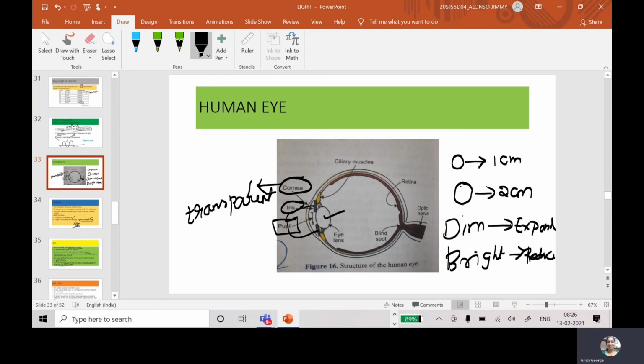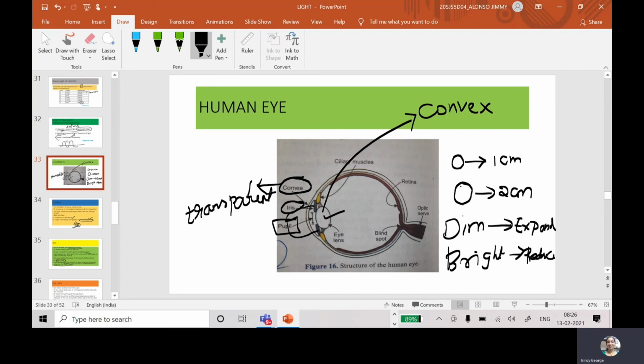This eye lens has a converging action and behaves like a convex lens. Normally it has all the functions of a convex lens, but sometimes there will be some adjustment depending on the distance of your eye to the object.